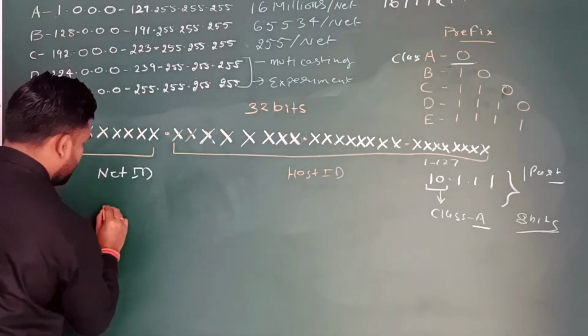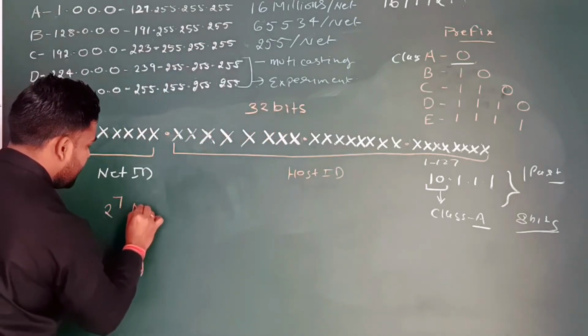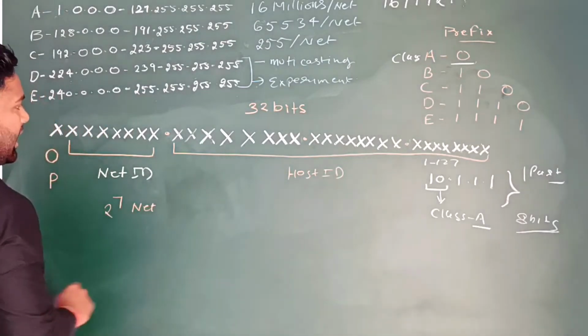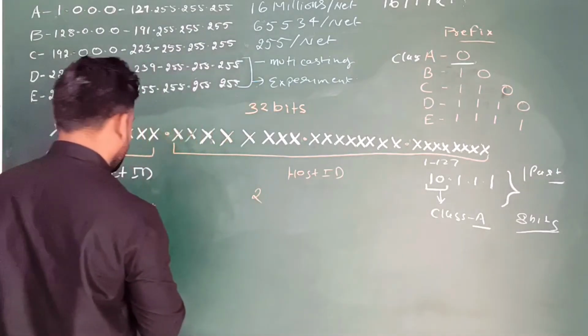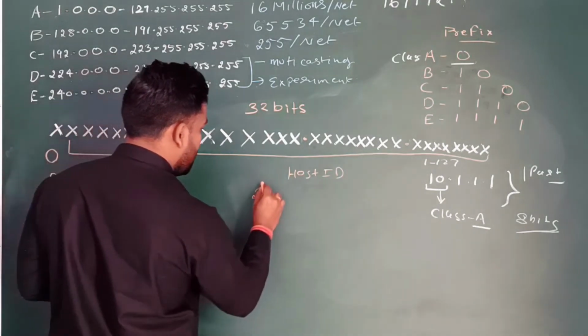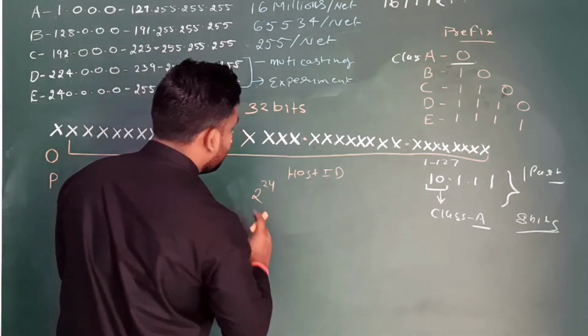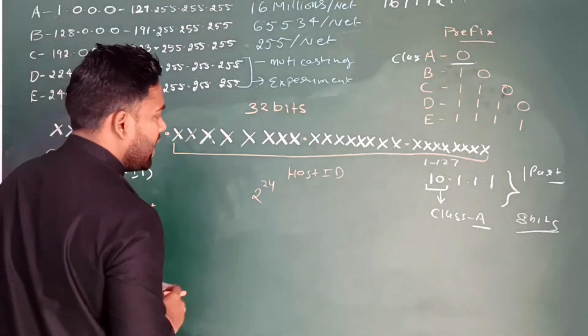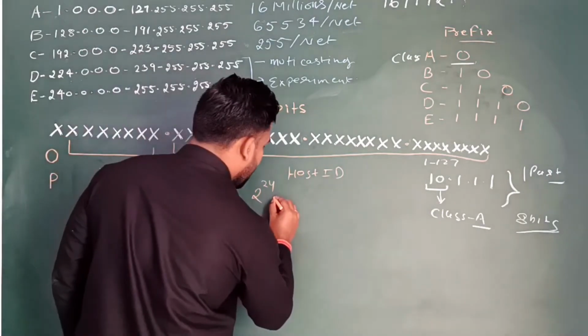Now we have 2 raised to the power 7 networks, and 2 raised to the power 32 minus 8, that is 24 bits, are reserved for the host ID. So what does it mean?